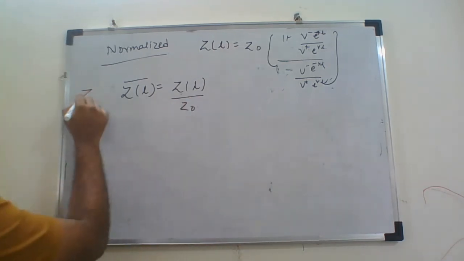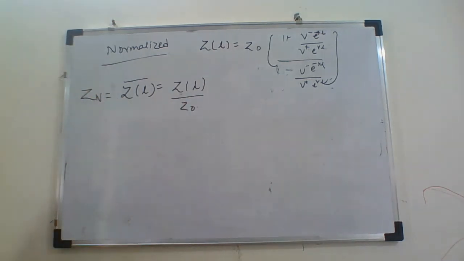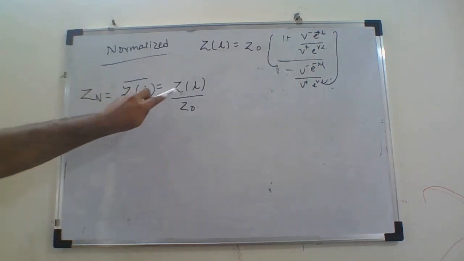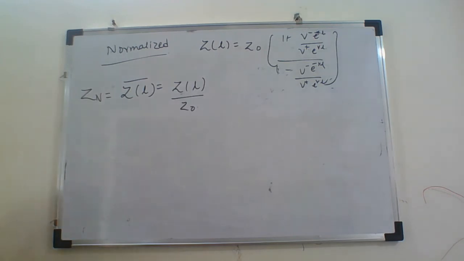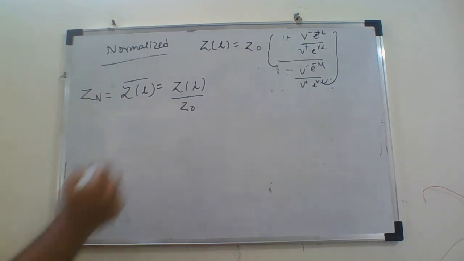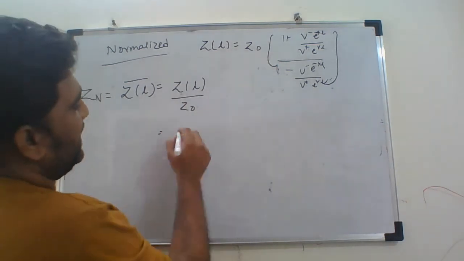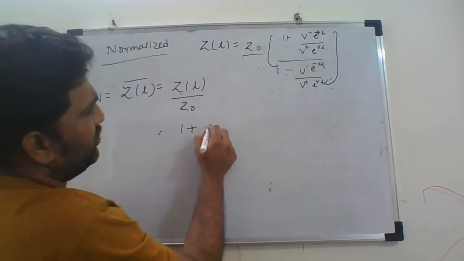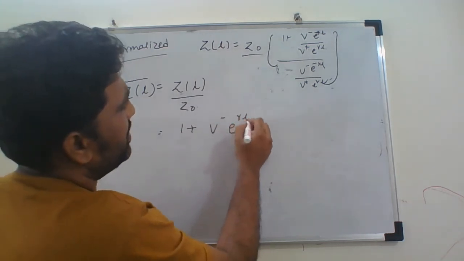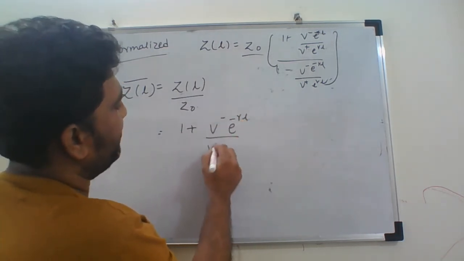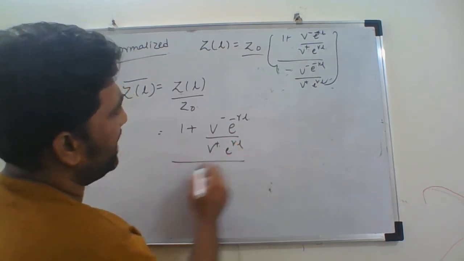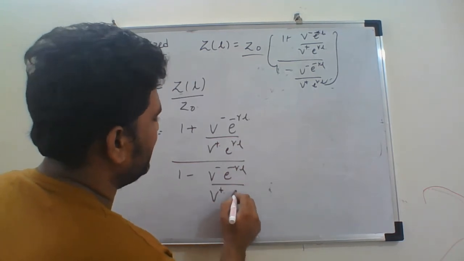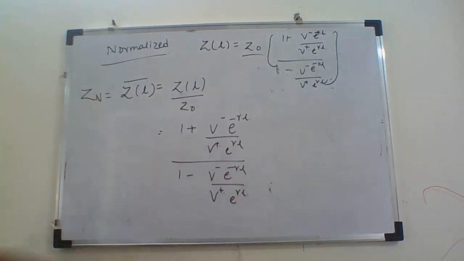If I take Z naught common, Z naught gets divided, and I get (1 plus V minus into e power minus gamma l by V plus into e power gamma l) divided by (1 minus V minus into e power minus gamma l by V plus into e power gamma l).